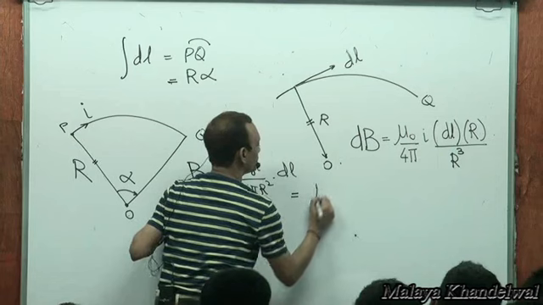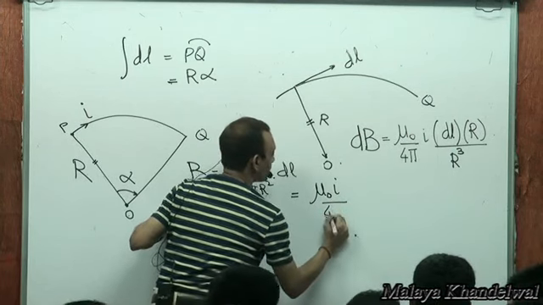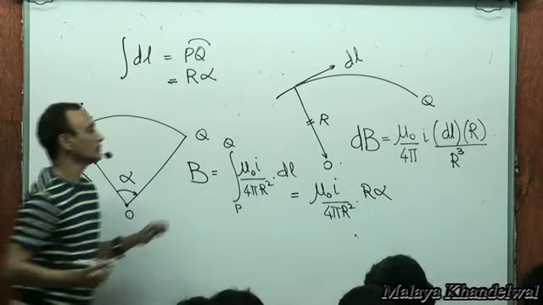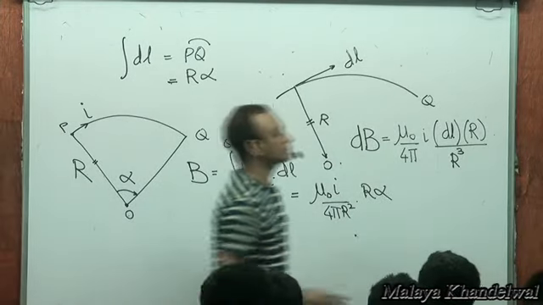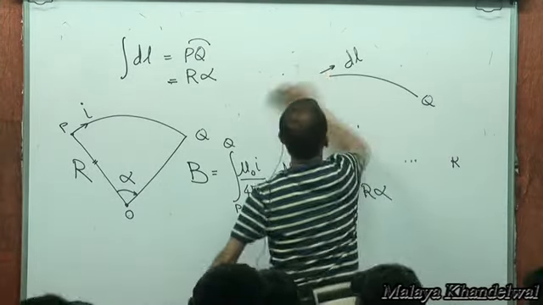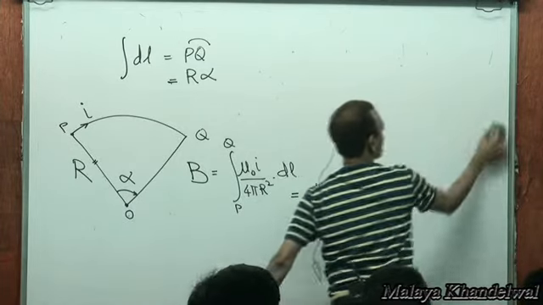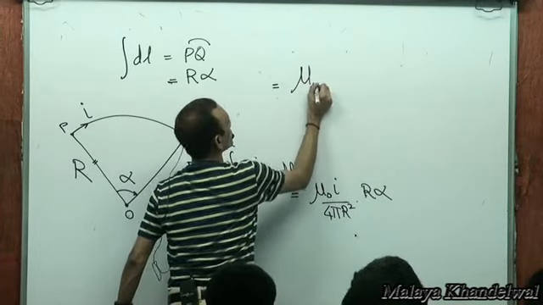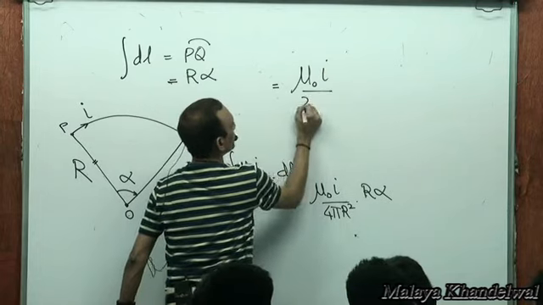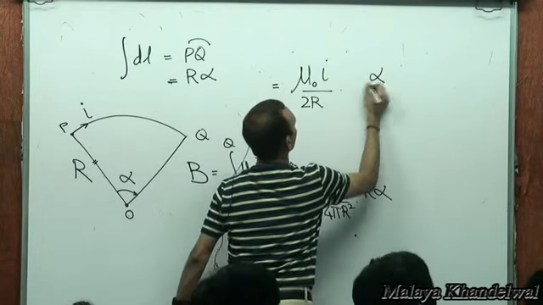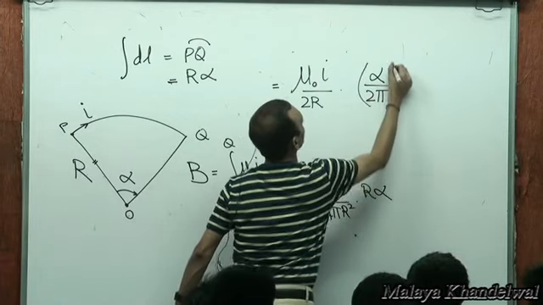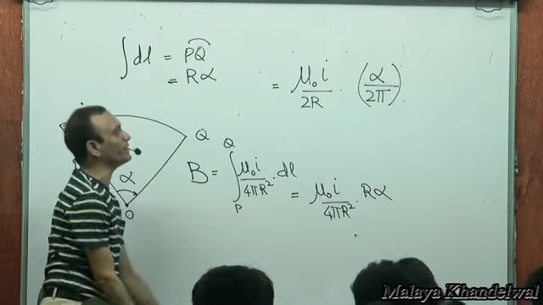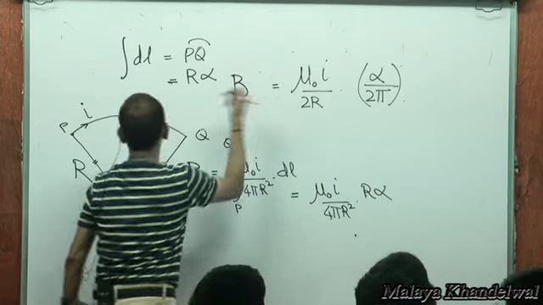So then this becomes mu naught I by 4 pi r squared into r alpha, which is like mu naught I by 2r into alpha by 2 pi. Yes or no? One r will get cancelled, so into alpha by 2 pi, that's the magnetic field produced at O.